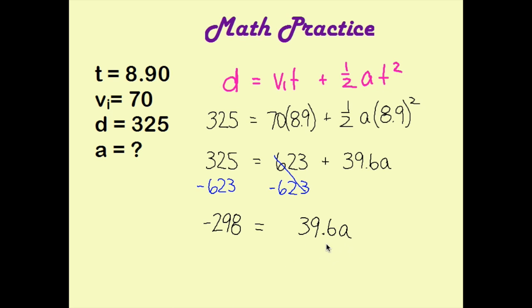You can tell they're multiplied together, so I need to do the opposite of multiplying to get them apart. I need to divide both sides by 39.6. And my answer is negative 7.53.